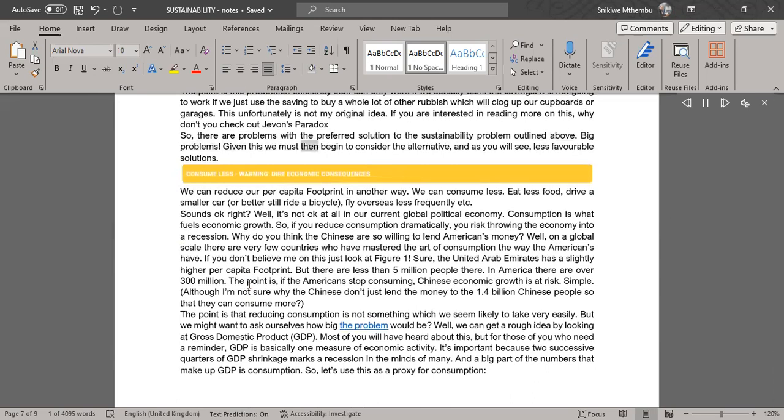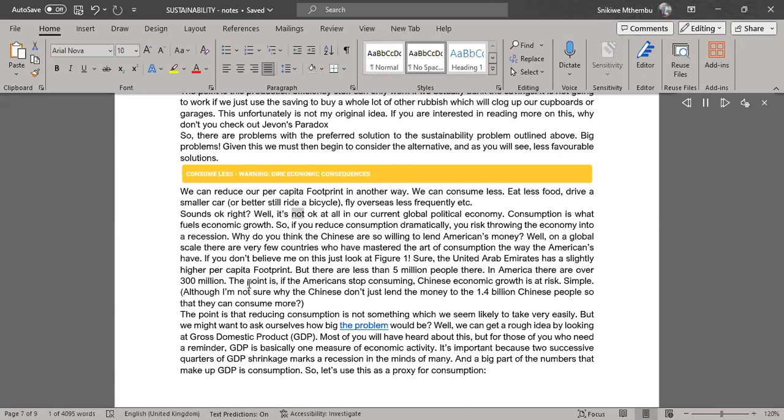Given this, we must then begin to consider the alternative, and as you will see, less favorable solutions. We can reduce our per capita footprint in another way. We can consume less, eat less food, drive a smaller car, or better still ride a bicycle, fly overseas less frequently, etc. Sounds okay, right?